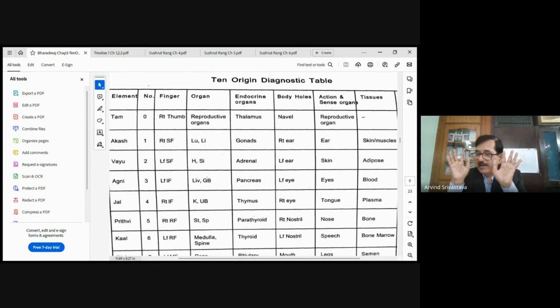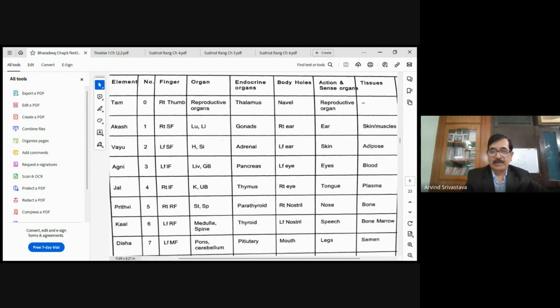So for each finger, we have put one Mahabhut or Dravya. So Tam, and we just see 0 and 9, they are the most powerful energy. So they have been put in Tam.